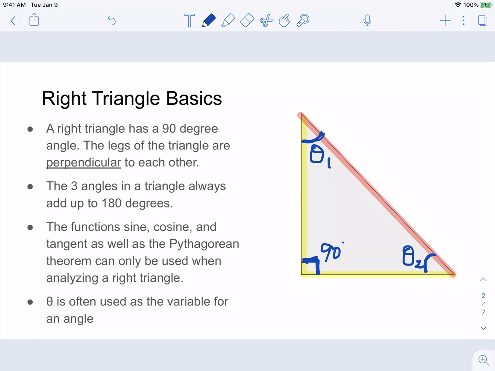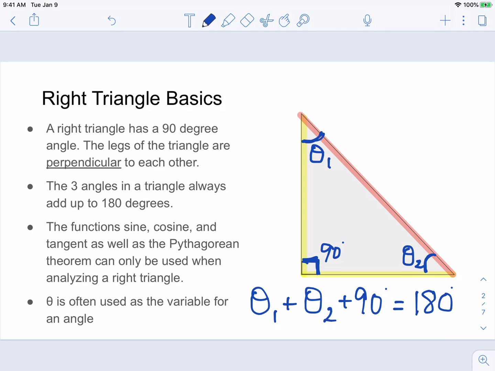So a statement that I could write is that if I take the one angle, theta 1, and add to it theta 2 plus 90 degrees, those are the three angles that make up my right triangle. They are always going to be equal to 180 degrees. Again, a very helpful piece of information as you're progressing through different types of right triangle problems.